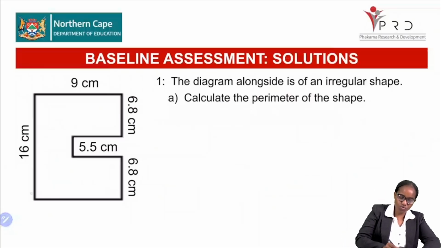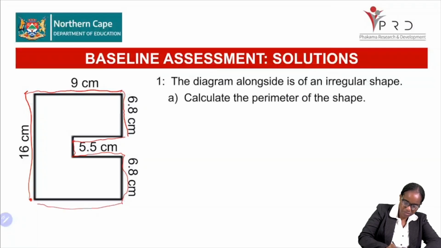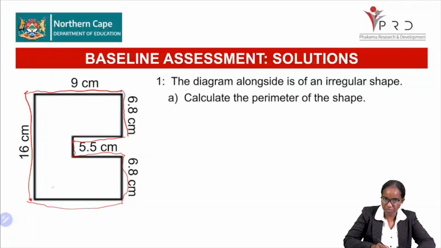So we want to know the distance from this point. We go up to here, 10 to the right, go down, 10 to the left, take this portion as well, and this portion until we get back to where we started from. So this is the perimeter of this shape.